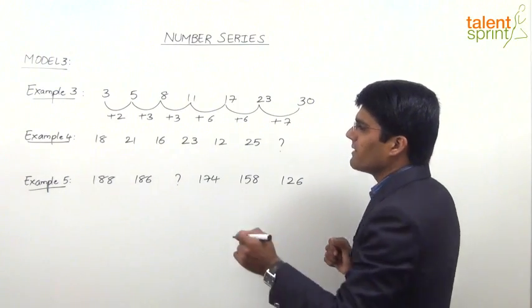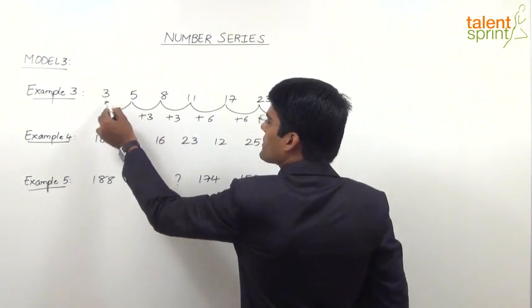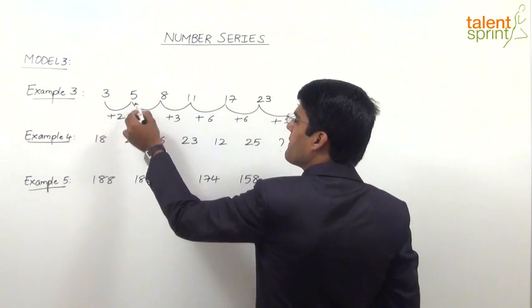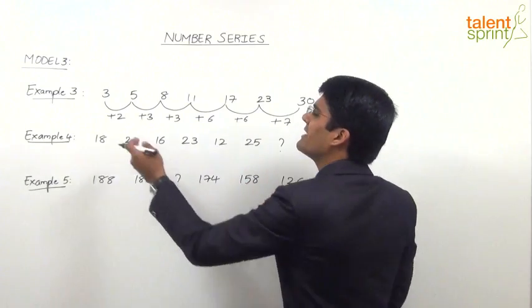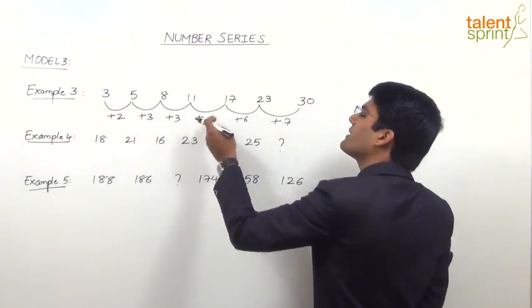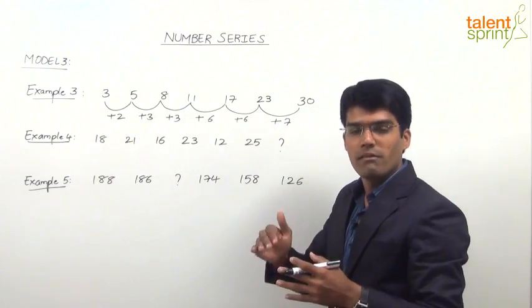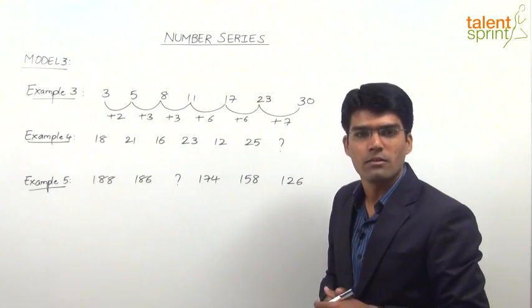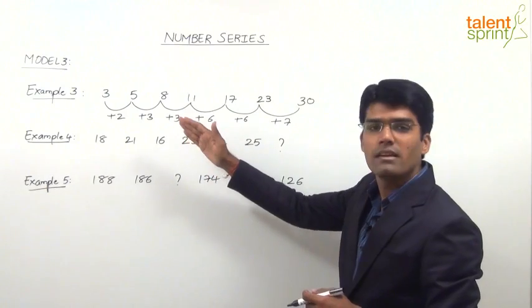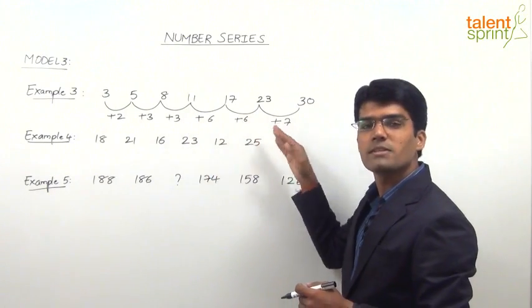Now if you try to observe, the difference between the first two numbers is 2. 3 plus 2, 5. 5 plus 3 is 8. Now let's assume that the logic here is plus 2, plus 3, plus 4, plus 5 and so on. We may be wrong, but we have to go ahead with one particular trial and check if there is any error or not. So let's go ahead with the logic, assuming that it is plus 2, plus 3, plus 4 and so on.